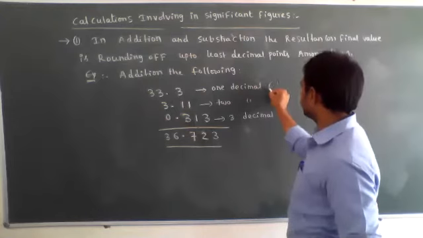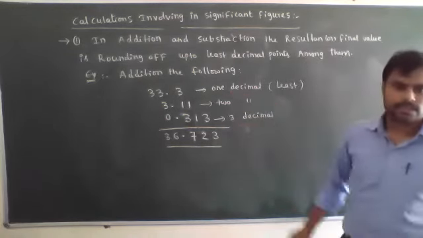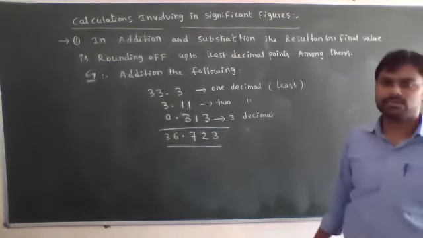Out of these, 33.3 has the least decimal points.